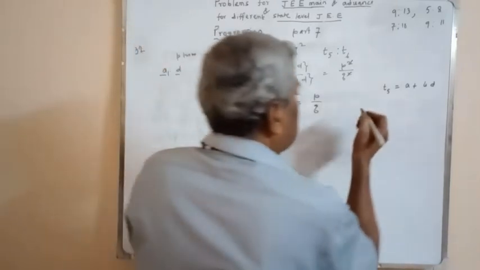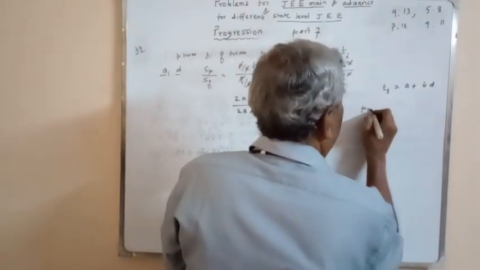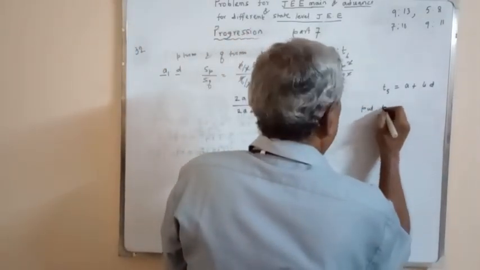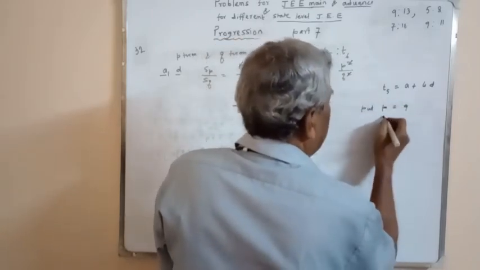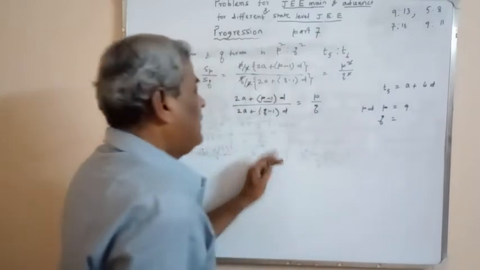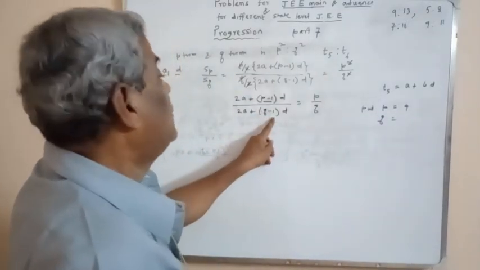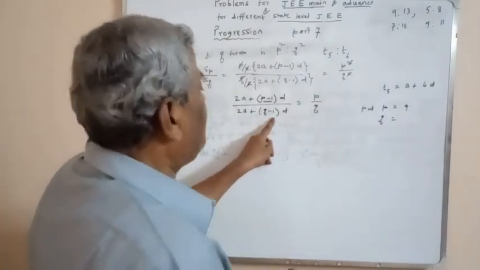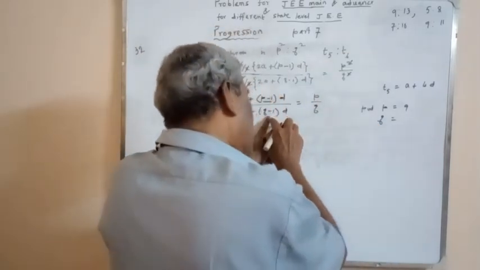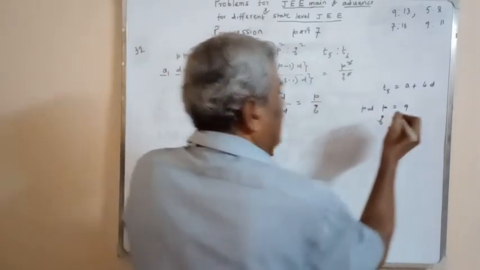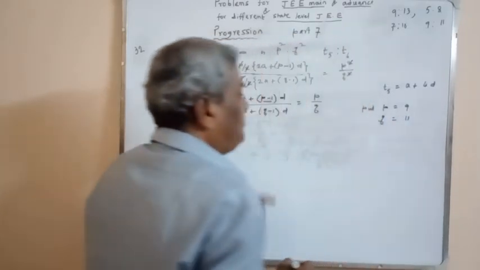So for that purpose, put p minus 1 is equal to 8. So p is equal to 9, and by same argument, q minus 1 should be, it is actually T6, T5, T10, so that it should be 11.